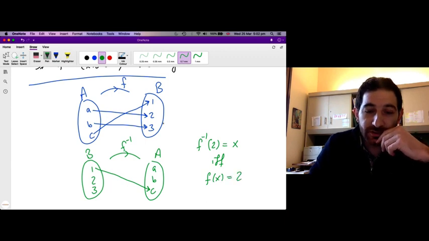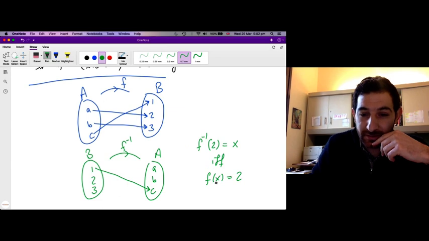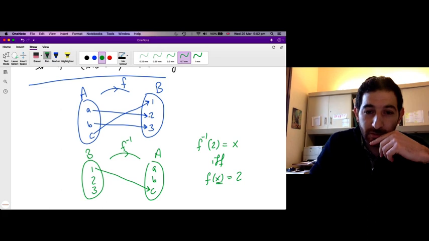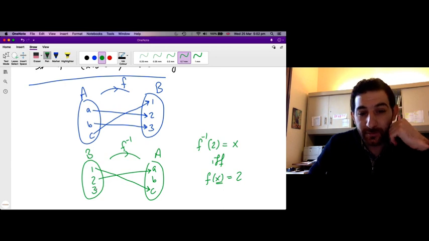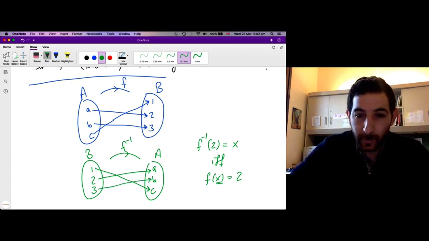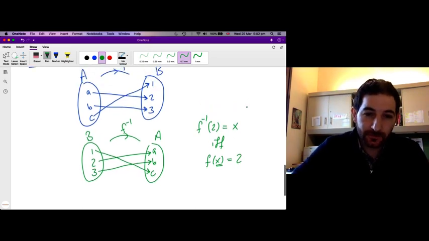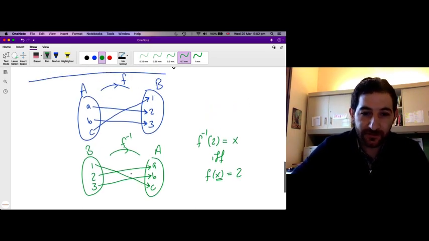This means X is the pre-image of 2 under f. The pre-image of 2 under f is A. So f inverse assigns A as the image of 2. And now to find the image of 3 under f inverse, you want to find the pre-image of 3 under f. So here is 3, its pre-image is B, and so the image of 3 under f inverse is B. Okay, so this is the function f, and this is the function f inverse.